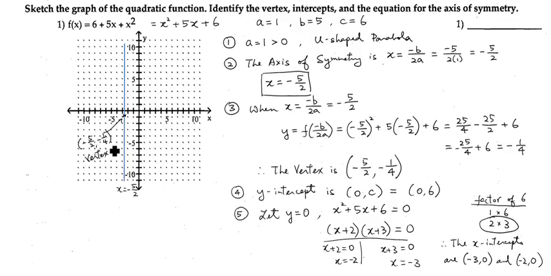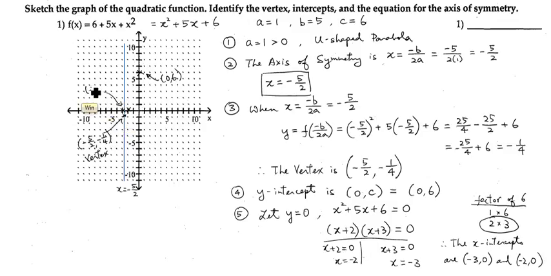The y-intercept, that is 0, comma 6, is right here. Label that point also 0, comma 6. And then I have the x-intercept. What would be the x-intercept? Negative 3, comma 0, right over here, and then negative 2, comma 0, right over here.